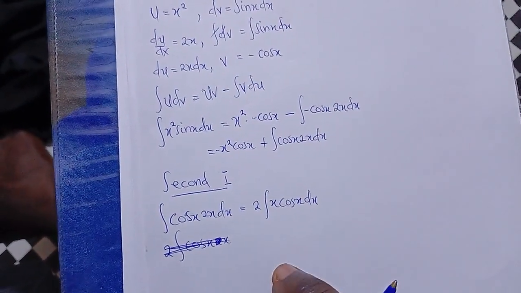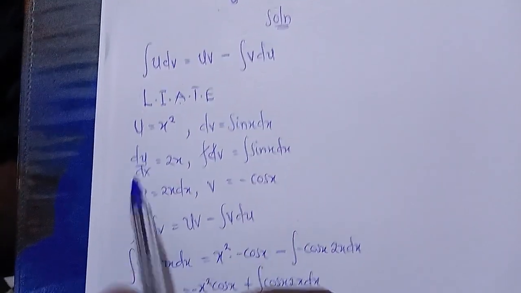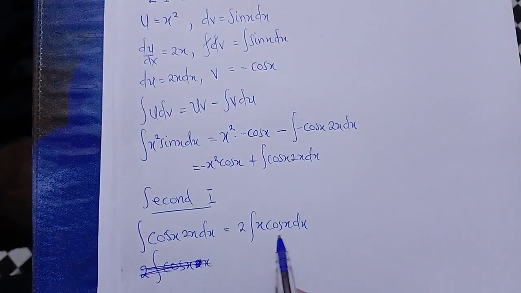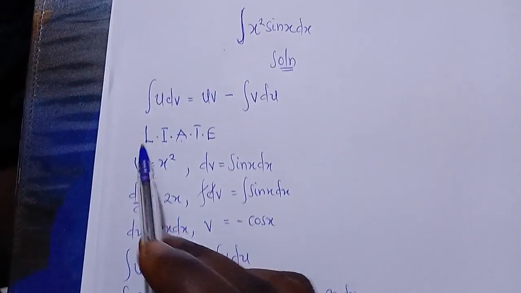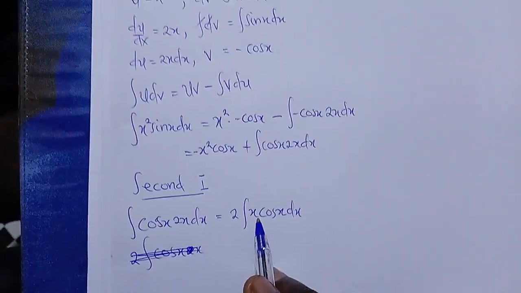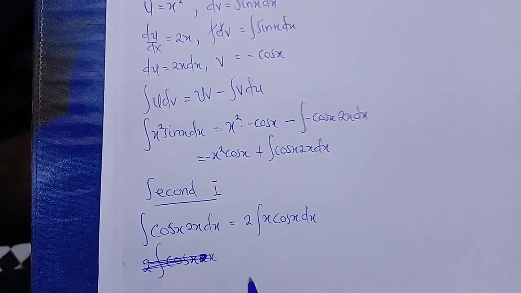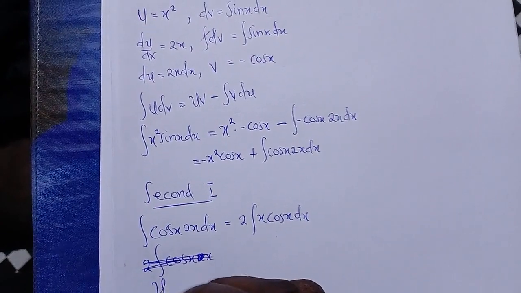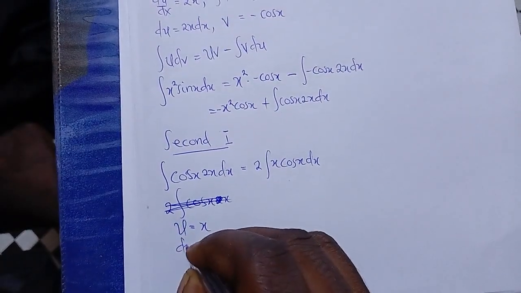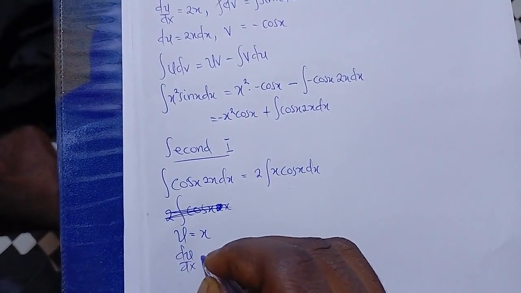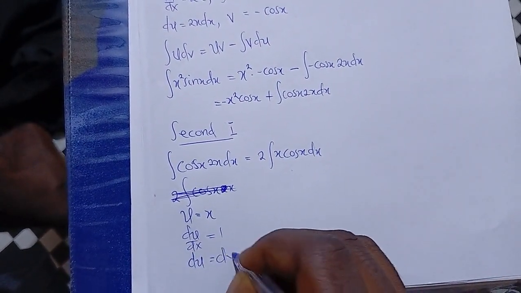Now I'm going to go by LIATE again to determine my u from this question. Based on LIATE, there's no logarithm here, there's no inverse trig here, but there's an algebra here, which is x. So now my u will be equal to x, and then du/dx will be equal to 1, and then du will be equal to dx.